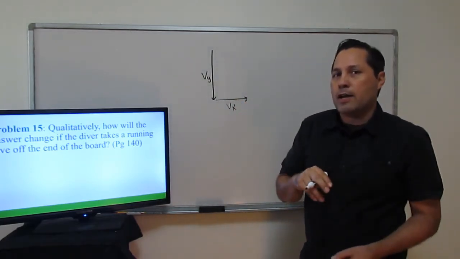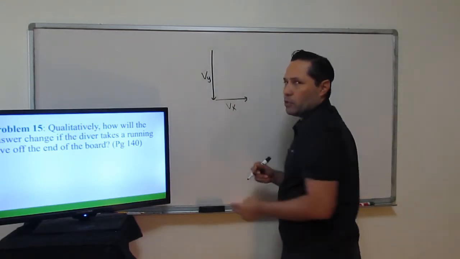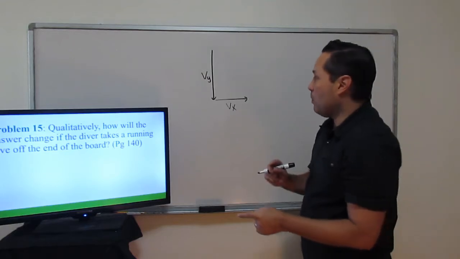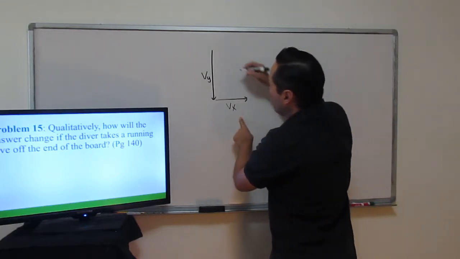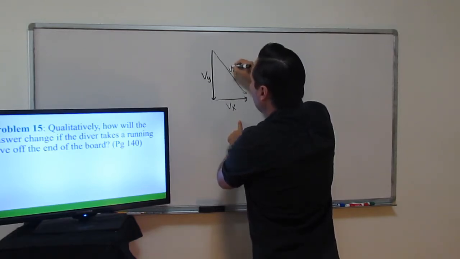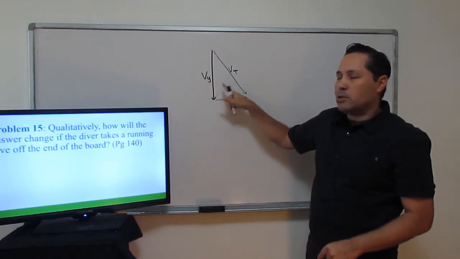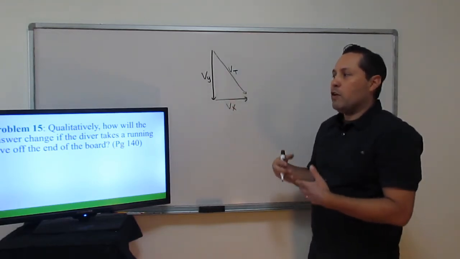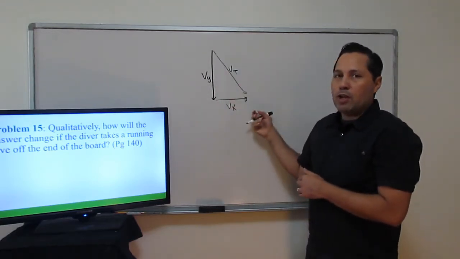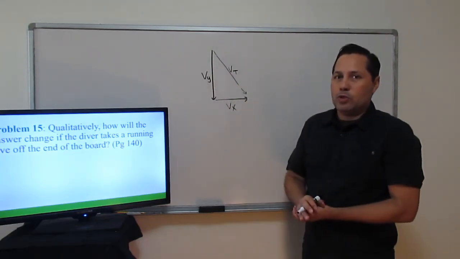So he added an x-axis component to his velocity. The y-axis stays the same as the previous example, but this one is new. So what will be his total velocity? It will be this one, total velocity. That will actually be longer since that's the hypotenuse. So now he'll have more velocity before hitting the water because of the added x component to his velocity.